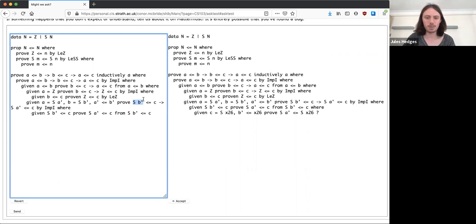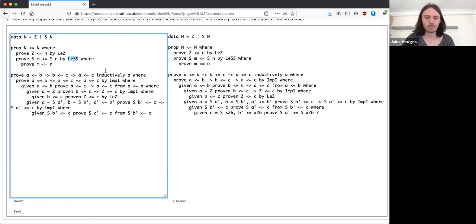And Ask is smart enough to notice that this could not possibly have been proven using the LEZ rule, because that only applies when the thing on the left is 0, and a successor can't be 0. So Ask is smart enough to detect that this could only have been proven using the LESS rule.